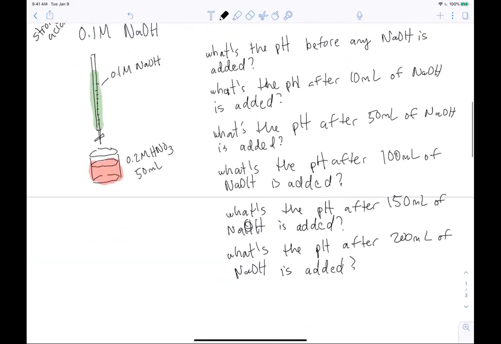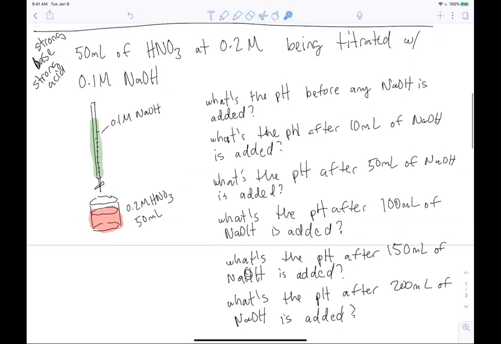But yeah, so at the beginning here, we haven't added anything. So all you're really asking is, what's the pH of this solution? And then as you start to add in more base, we're neutralizing some of that acid. So it just becomes a neutralization problem. You're asking about a neutralization reaction over and over again.